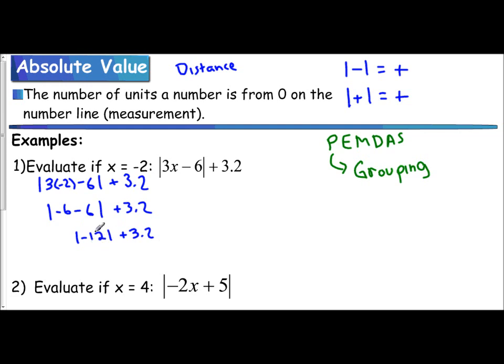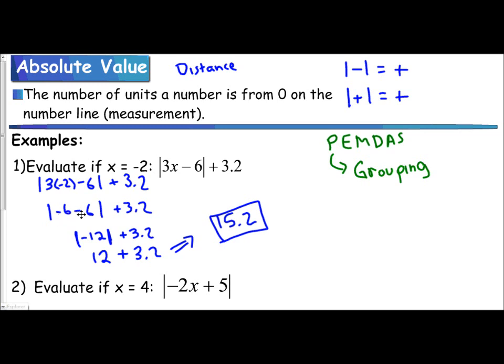Now that I have a number all by itself, I can perform my absolute value operation. -12 is going to turn into a +12, and so we drop the bars. You get 12 plus 3.2, which gives us 15.2. So that is our answer when we evaluate the expression.